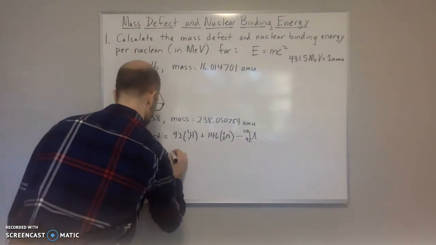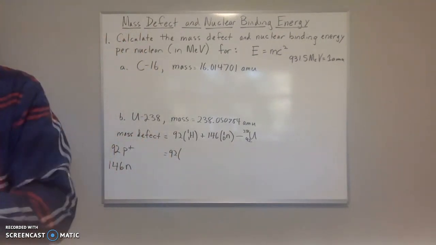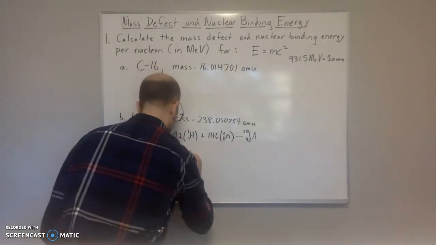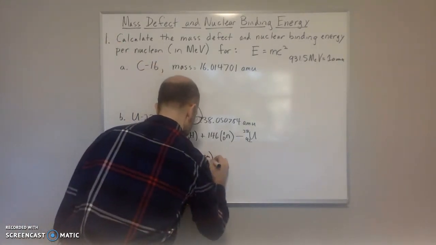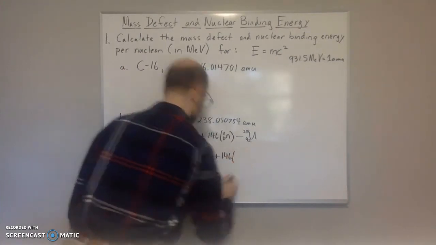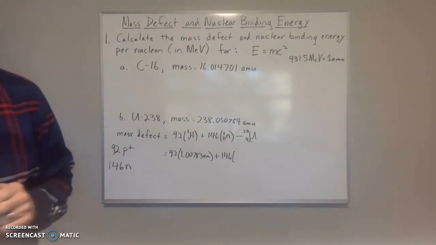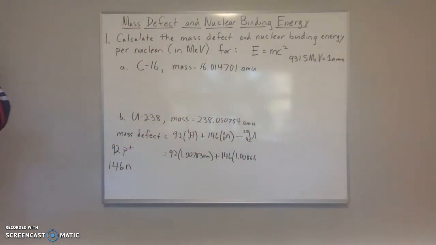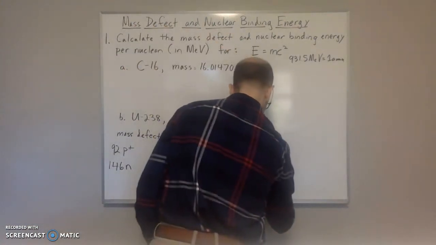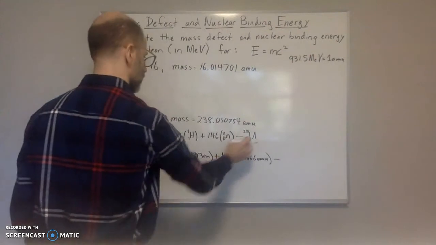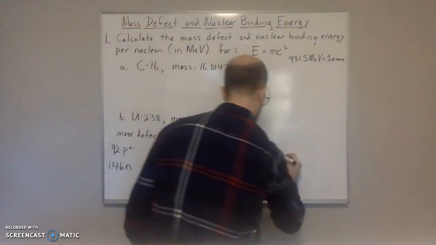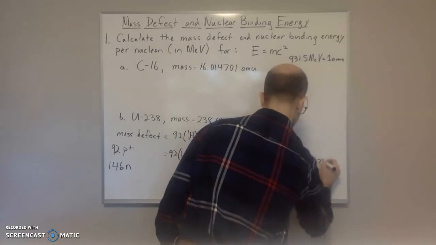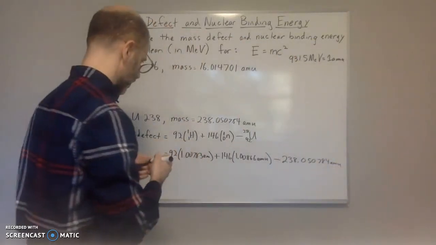So we put these numbers in. 92 times, again, I have to look this up, 1.00783 AMUs, plus 146 times 1.00866 AMUs, and then subtract from that the mass of this isotope, which is right there, 238.0507784 AMUs.